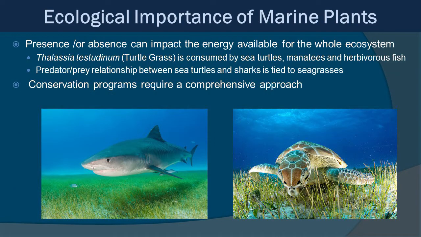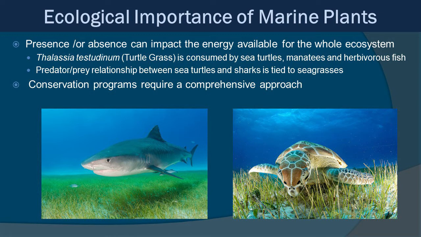The presence or absence of seagrasses really changes the dynamics in terms of energy availability within an ecosystem. Turtle grass, for example, is consumed by sea turtles, manatees, and herbivorous fish. One of the problems we have here in Florida is that our manatee population is finding it hard to locate healthy seagrasses to feed on.